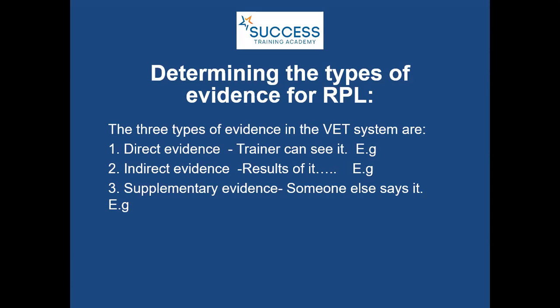Okay, now indirect evidence would be, for example, if they showed you some pictures of them doing it, that may be indirect evidence. Okay, and ultimately it is, can the trainer observe it, and ideally in real time.